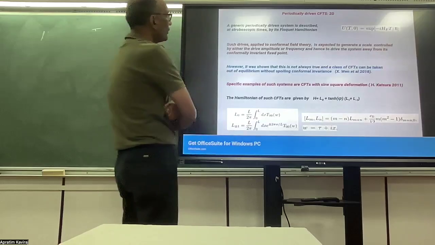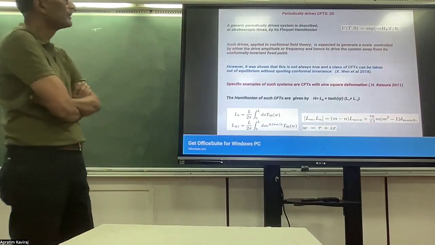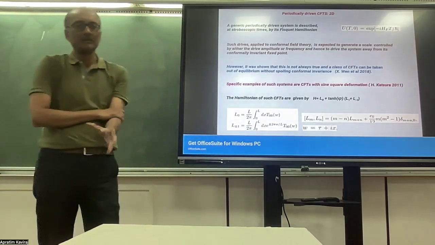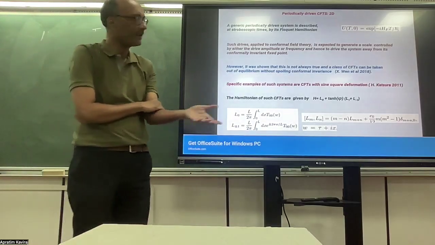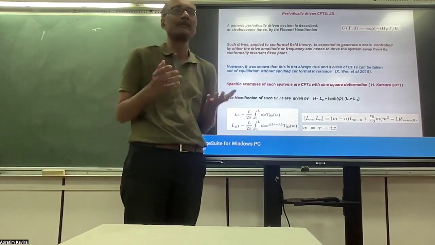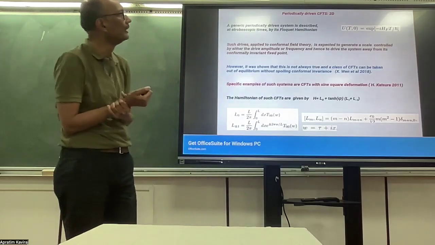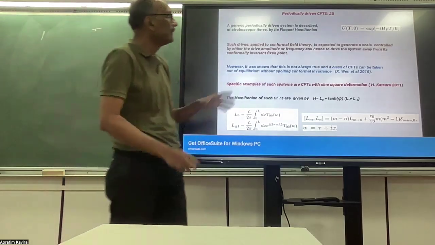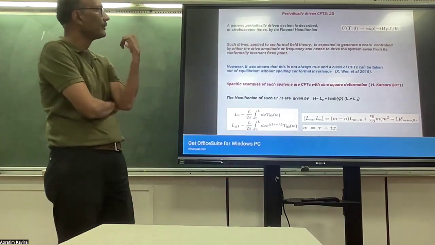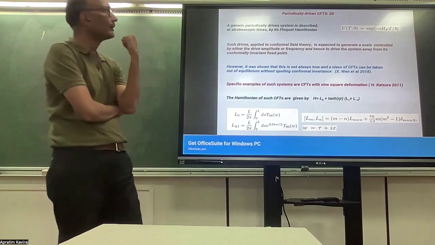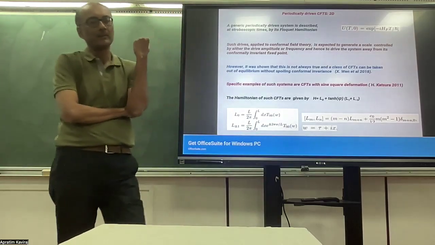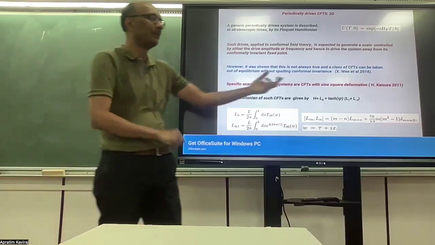So first, let's talk about 2D driven CFTs. In the dynamics community, in which I've done some work, whenever people talk about periodically driven systems, and I'm going to talk about periodic drives only, the interesting thing to compute is the Floquet Hamiltonian, because that essentially controls the properties of the system at stroboscopic times. By stroboscopic times, I mean when time is an integer multiple of the drive period.